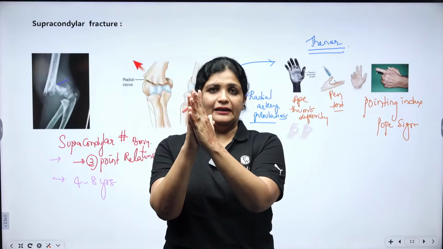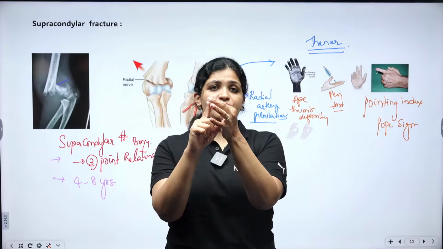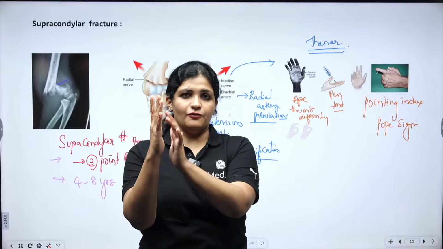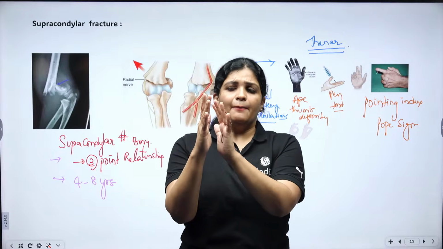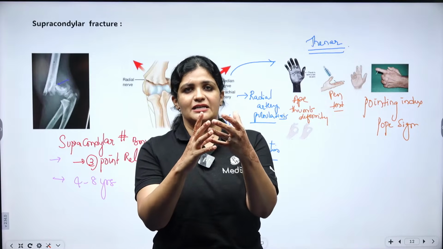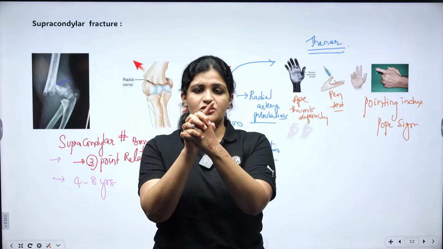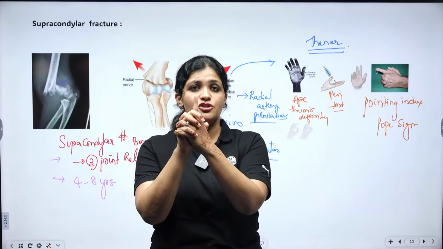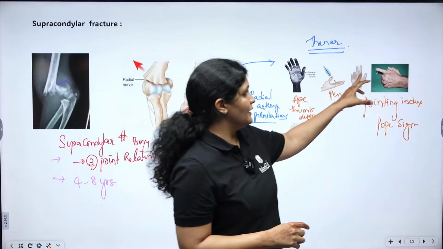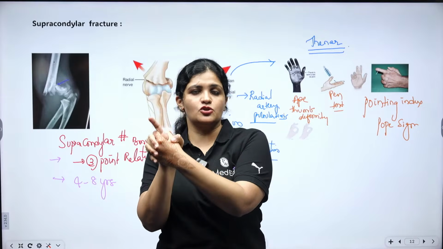The middle finger is somehow pulled by the FDP of the third and little fingers, but the index finger is exclusively supplied by the median nerve. So when you try to flex all the fingers, the index finger is not fully flexed compared to the other fingers, and this results in the pointing index.